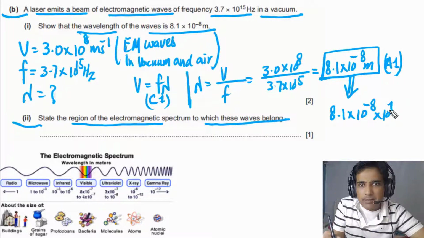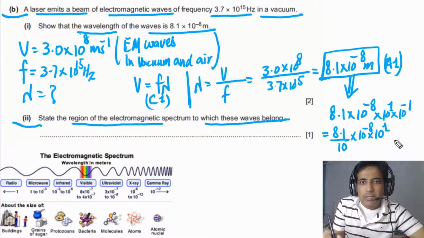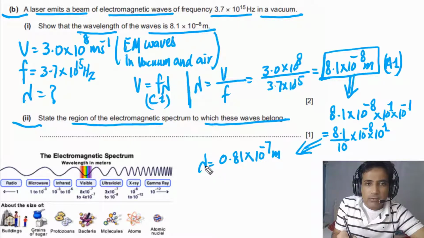So here we have 8.1, divided by 10, and here we multiply with 10, so the power of this one is 1. If we simplify this, we will get 0.81 times 10 to the negative 7 meters. So this is the value of lambda.